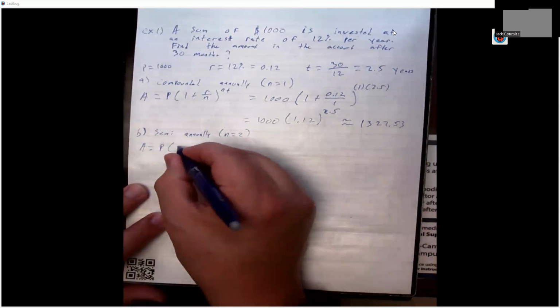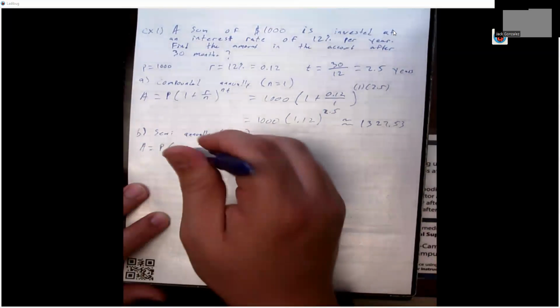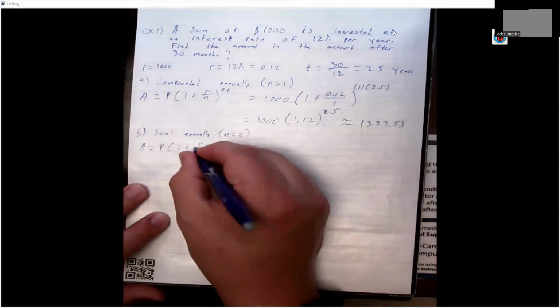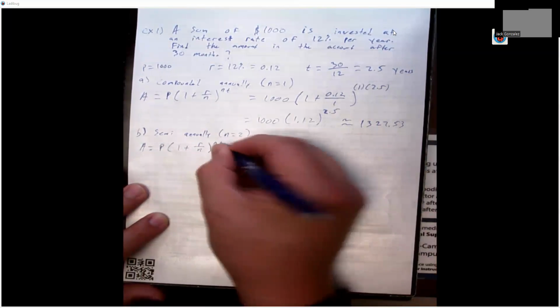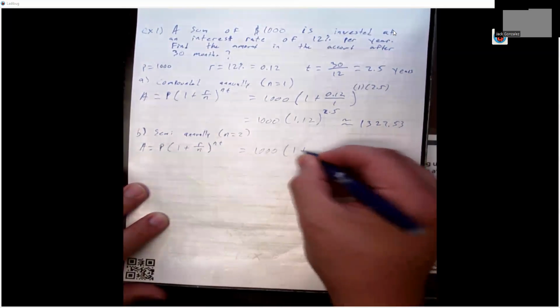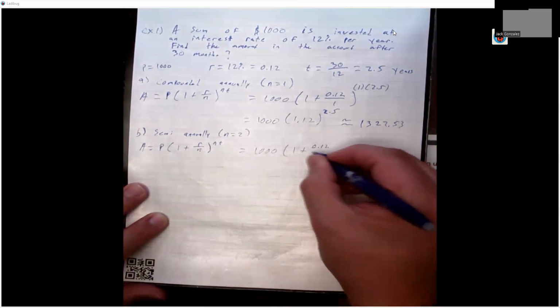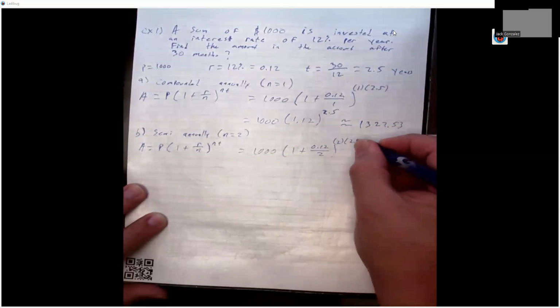So A will be P times 1 plus, oh, we already have a formula up there. That'll be 1,000 times 1 plus 0.12 over 2 to the 2 times 2.5, right?